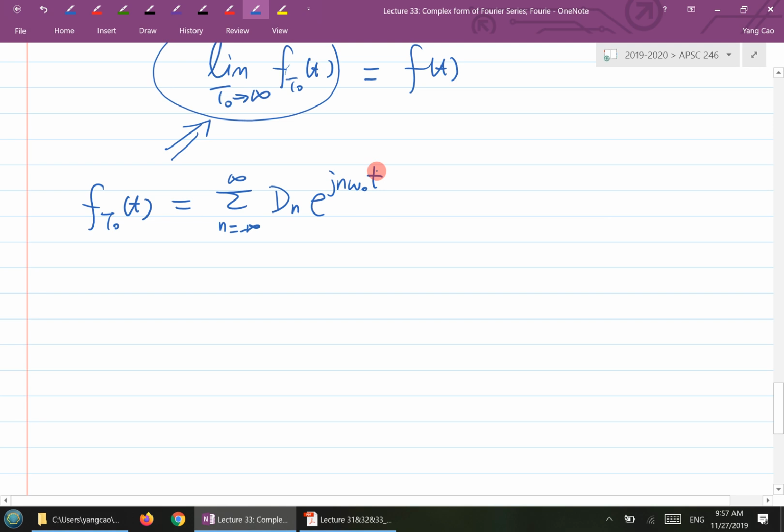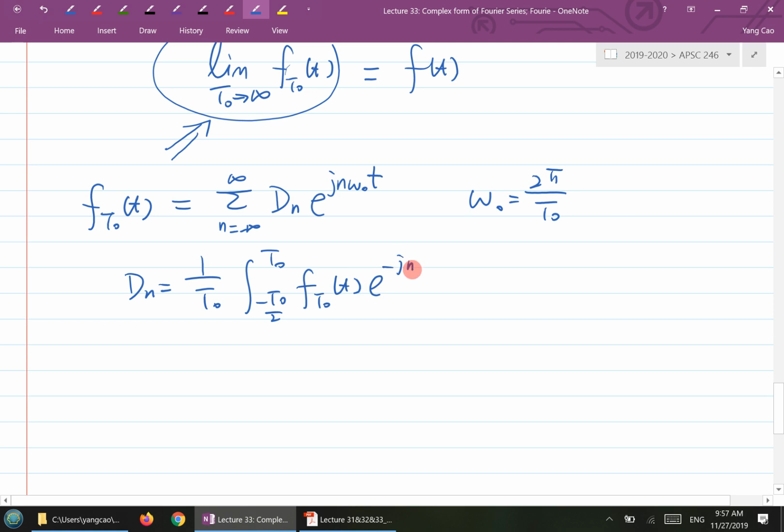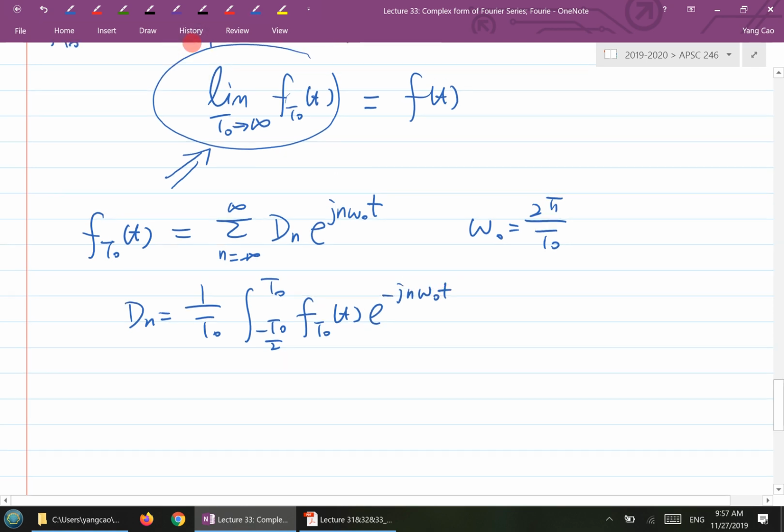This is f t naught, and omega naught equals 2 pi over t naught, as usual. And the dn, as we learned and also exercised, is how you calculate the coefficient dn based on this periodic function.